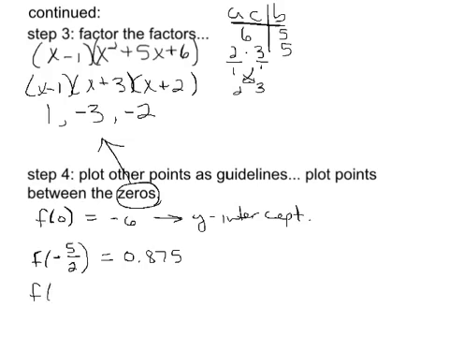Let's go ahead and evaluate at -1 also. If I plug in -1 to the polynomial, I'm going to get -4. Okay, so I have these 3 points to plot and these 3 points to plot. So it really gives me a lot. With my end behavior and all of this information, I have enough to plot my polynomial.